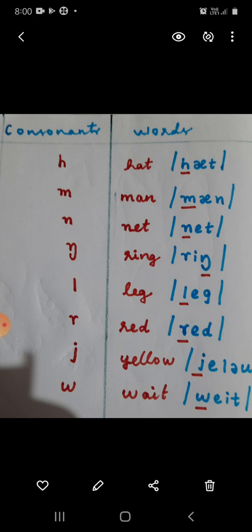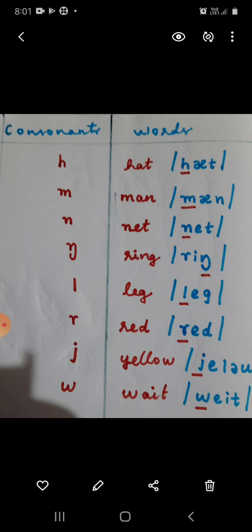The next sound is n sound. These are all very easy because we are writing the alphabets and the pronunciation is also somewhat similar to that. So n sound. Examples are none, N-U-N, none. None is an example. And on the screen you can see that the example provided is net, N-E-T, net.